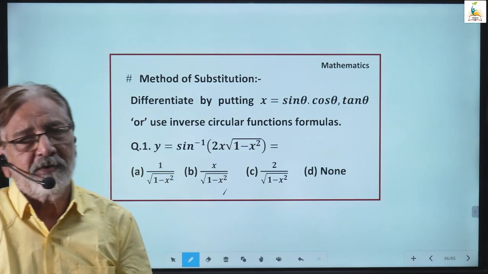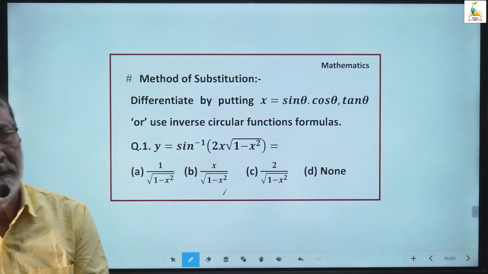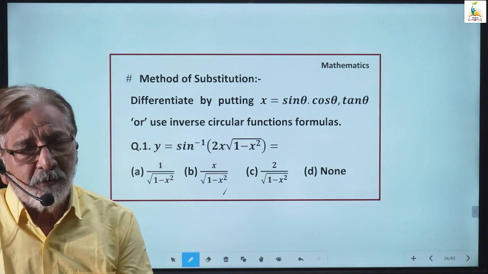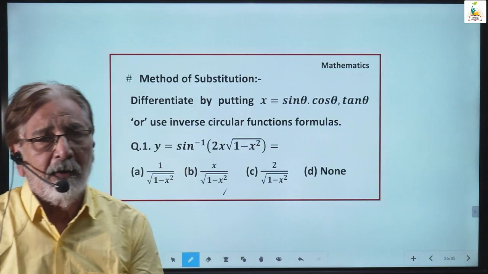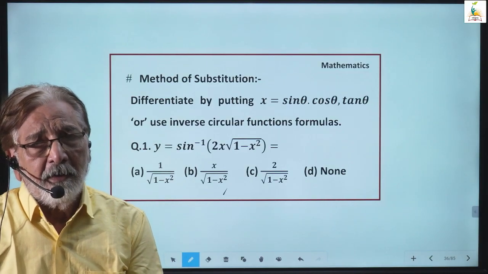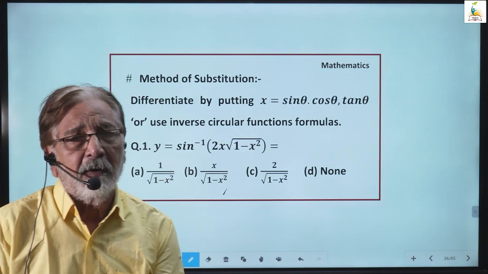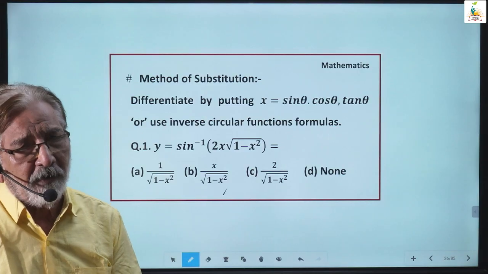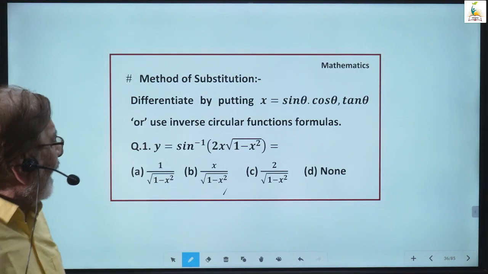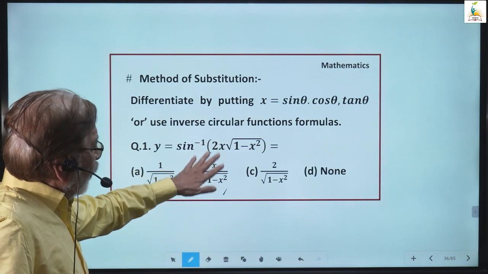This is the first way. The usual way is this. The second thing is that to do the multiple choice questions, you should remember the formulas for the inverse functions. For example, I am illustrating it in both ways.